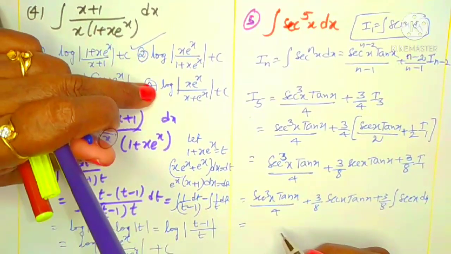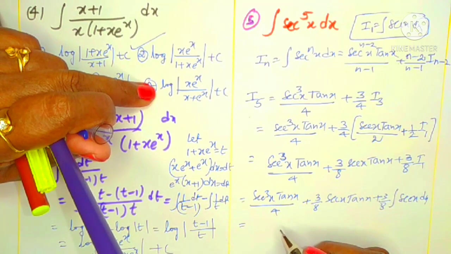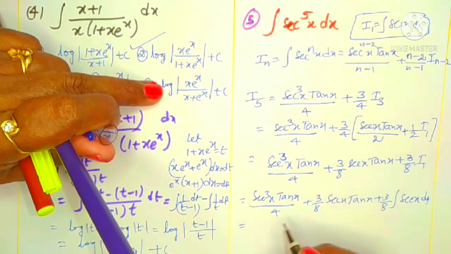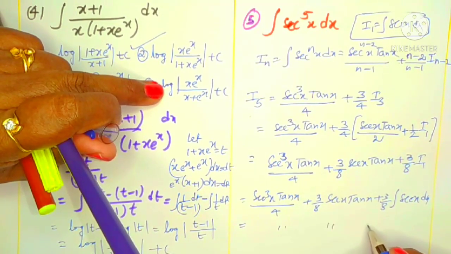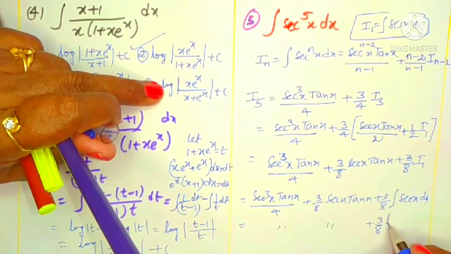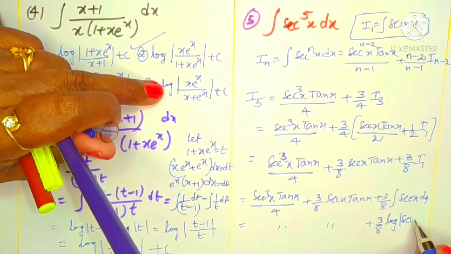What is the integral of sec x? It is log of sec x plus tan x. These terms as they are, this is 3 by 8 of log mod sec x plus tan x.